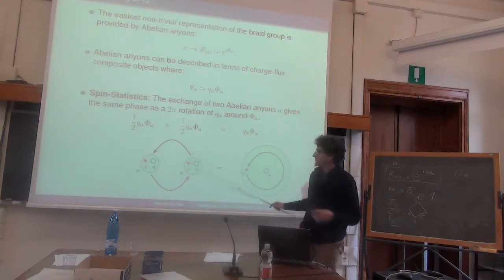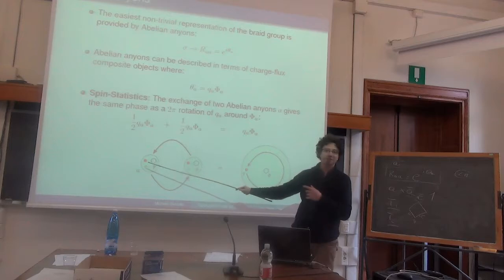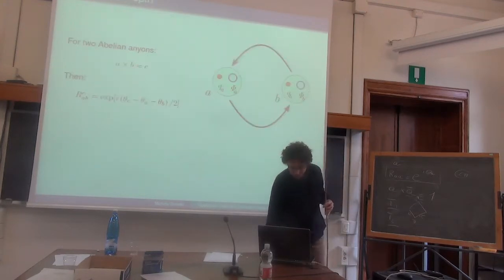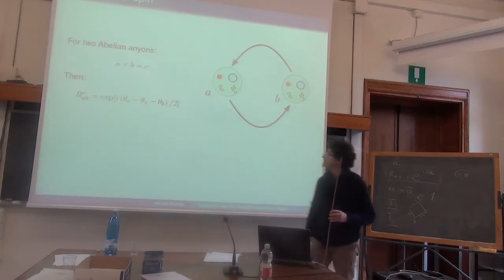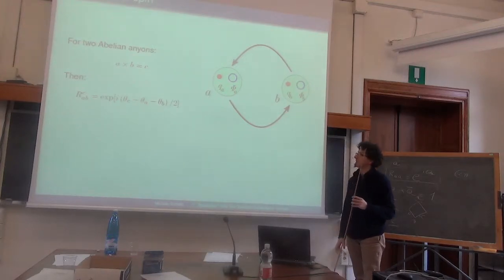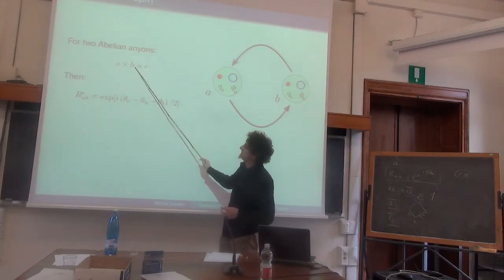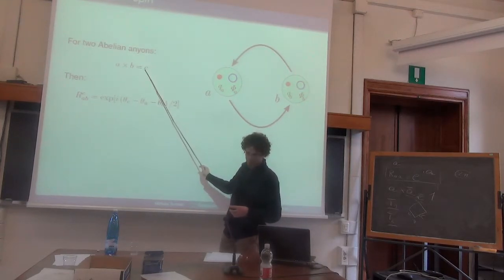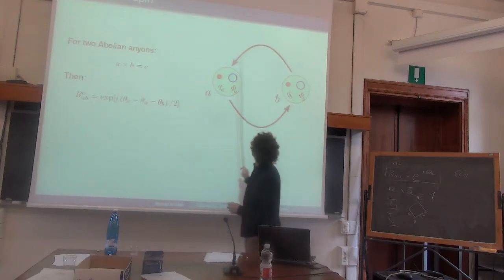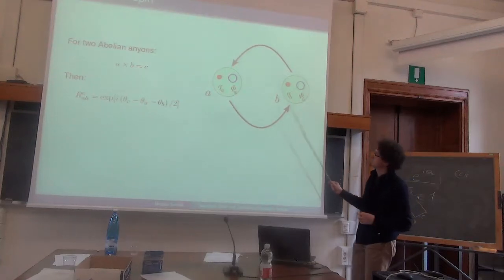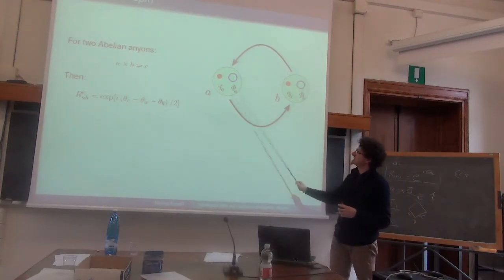So overall, it's just a mathematical description. However, it is a powerful one, because I'm telling you that we can consider this system of A and B, which are fused into a third anion of the kind C. So you may imagine this as being a big anion of the kind C, or as being two distinct A and B.